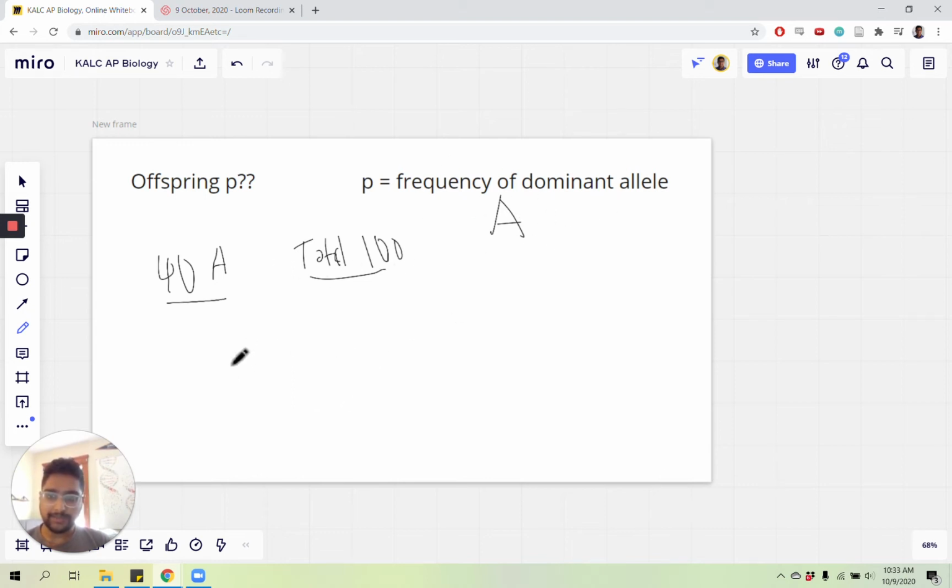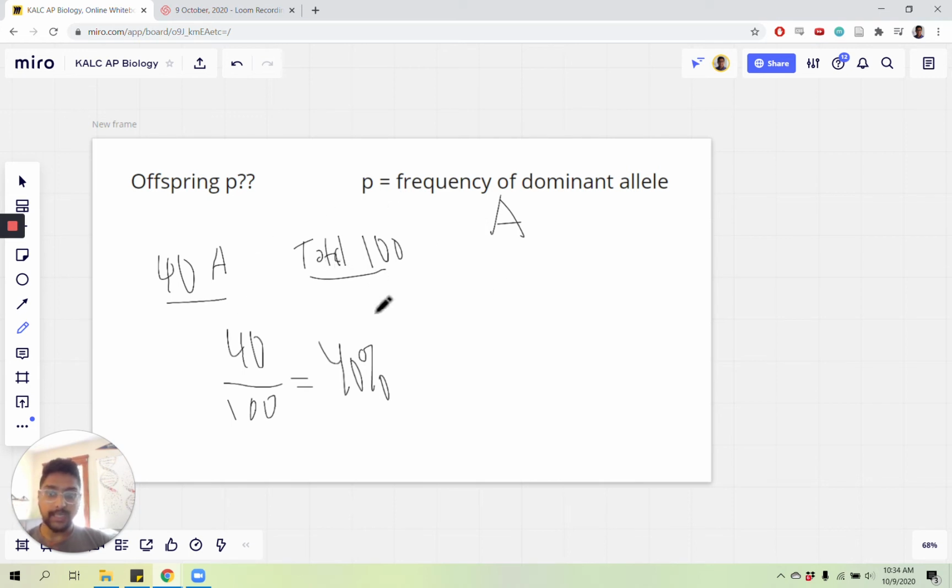You'd say, well, that seems pretty straightforward. All I need to do is divide 40 by 100, because I know that's the amount of times that A would appear in the total. And so you'd get 40%. So that would be your P, your offspring P, for this problem.